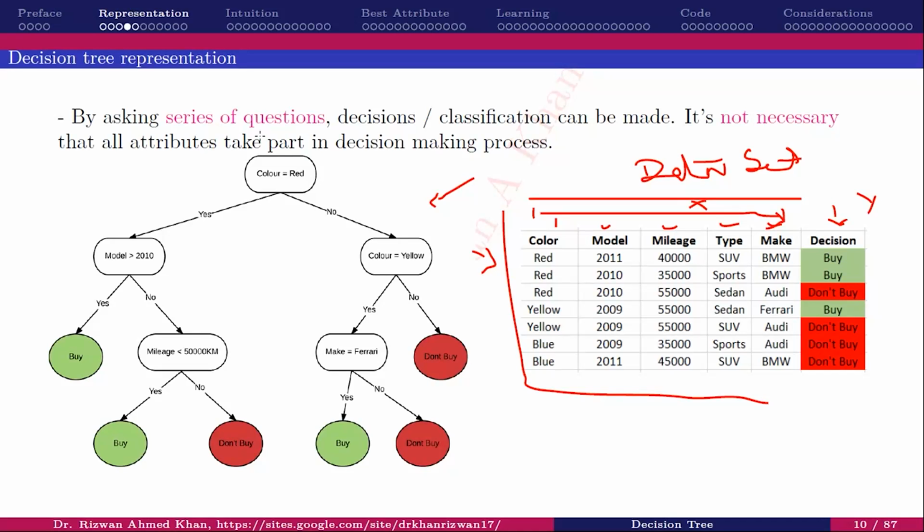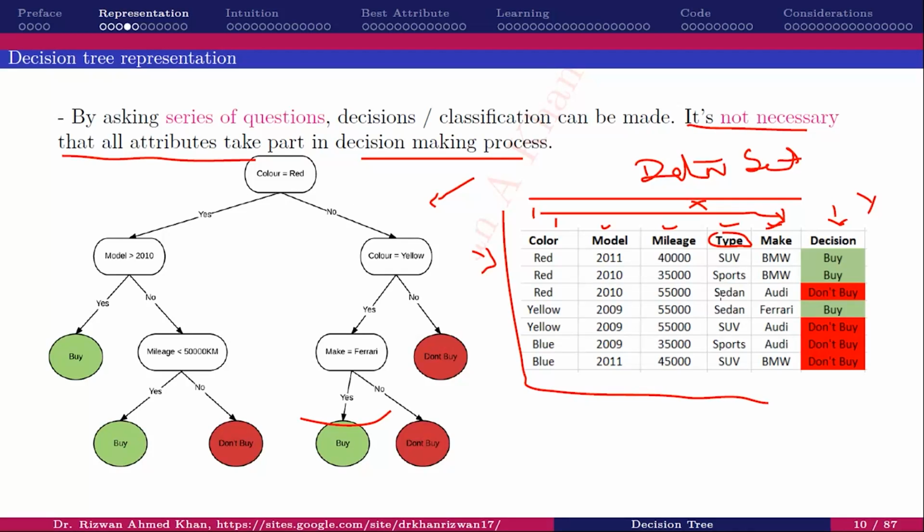By asking a series of questions, a decision classification can be made. But it's important to note that it is not necessary that all attributes take part in the decision making process. This is very important to know. In this data set I have an attribute called type of vehicle, but type is not represented in this decision tree.